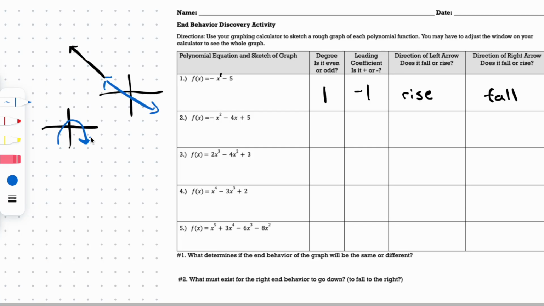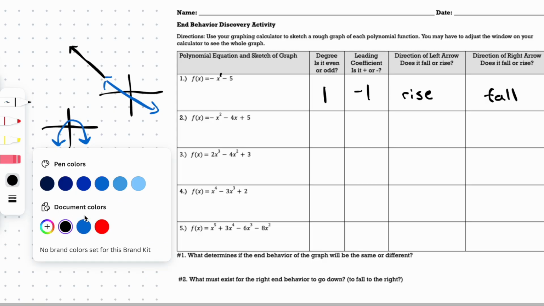And I'm just graphing the functions at first so that we can get the idea. But once we understand some trends and patterns, we'll be able to see the equation and see the end behavior, and then that will help us graph. So we'll go in the opposite direction. But I'll do that in a second.